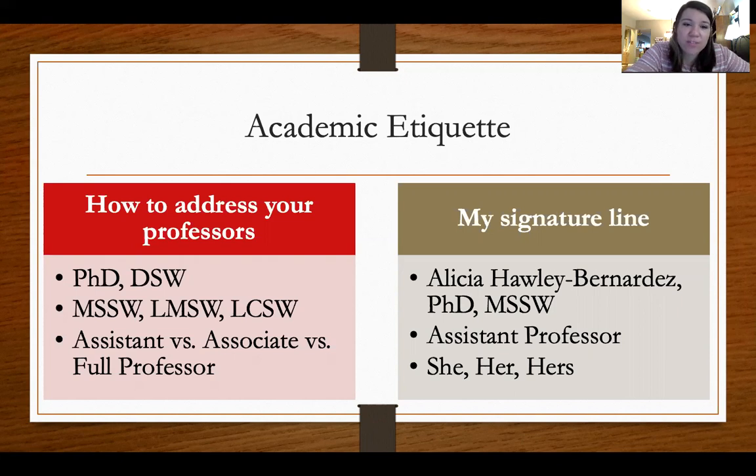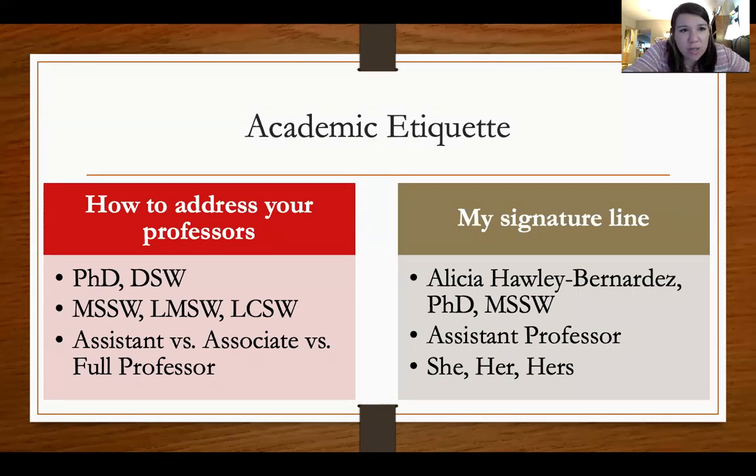So if after their signature line, they have PhD or DSW afterwards, they would be Dr. So-and-so. If they have MSW, LMSW, LCSW after, then they would be either Mr. or Mrs. So-and-so or Professor so-and-so.